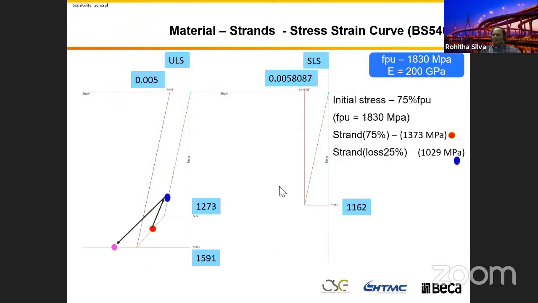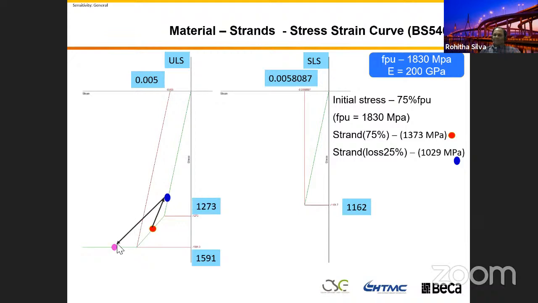So it's the same story about the strand, but a bit different, because now the initial stage is in here, and then we go down to the stress loss here.